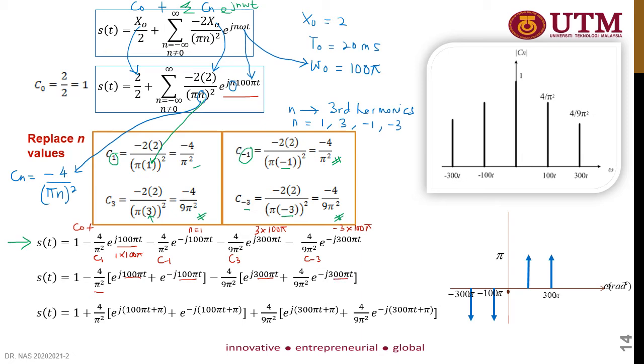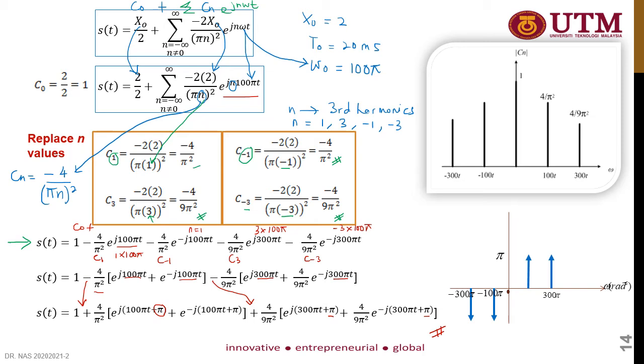Remember, in trigonometric form, when you have negative, you can convert them into positive values by having a phase shift of positive pi. So all negative values are converted into positive by having a phase shift of pi inside the bracket.